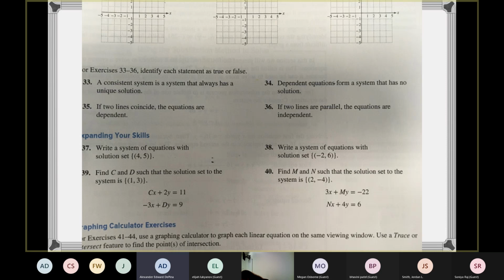Tell me. 33. A consistent system is a system that always has a unique solution, and by unique you mean one solution. A consistent system is a system that always has a unique solution. True or false? Okay, let's have a decision.